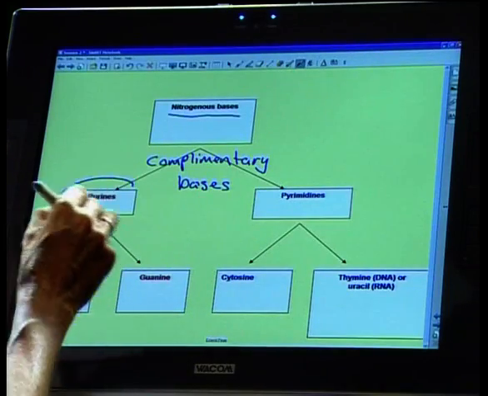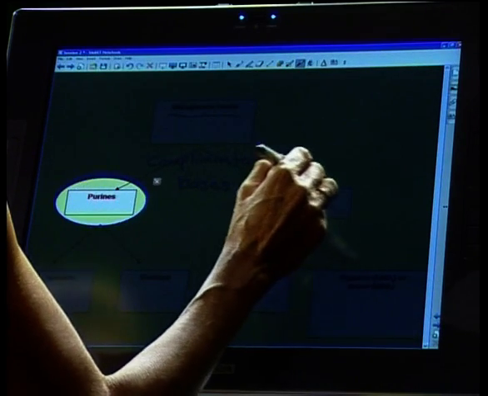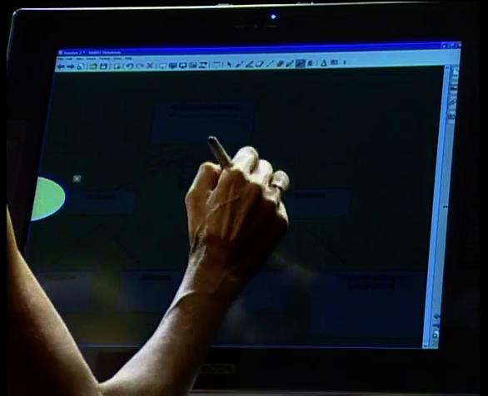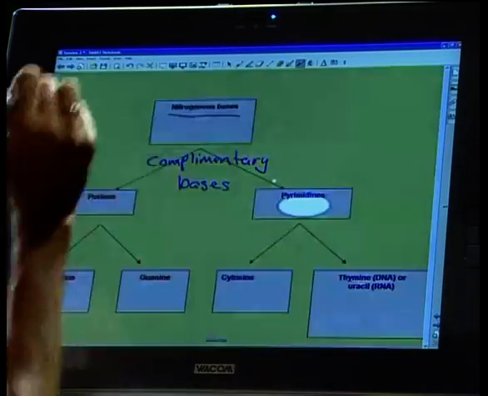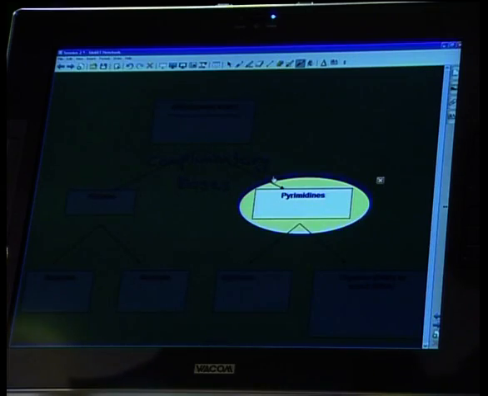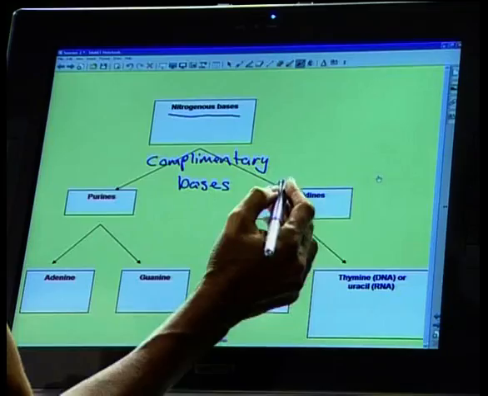We have the purines and we have the pyrimidines. Okay? So, purines, pyrimidines make up nitrogenous bases. They are the complementary bases. Purines, pyrimidines. Now watch this.